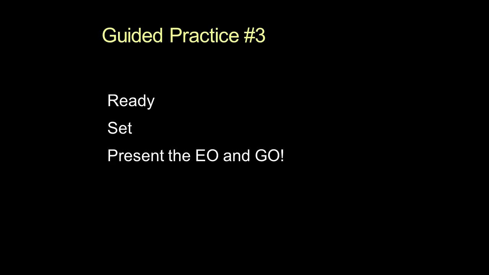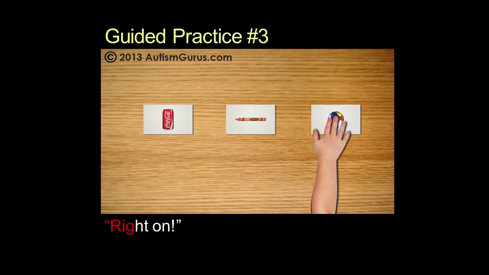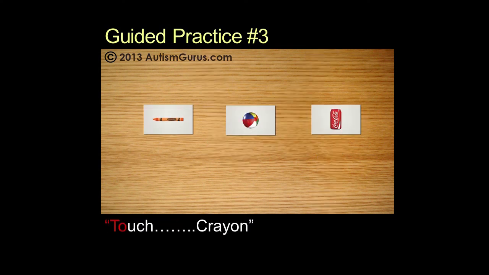Our third guided practice is a random rotation in the Receptive Labels program. We will focus in on the try again, prompt retrial sequence. Ready, set, show the reward, and go. Touch ball. Right on. Touch crayon. Try again.